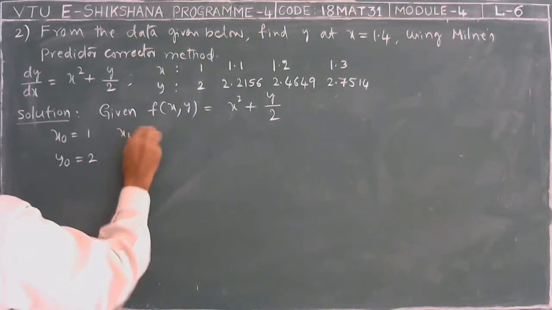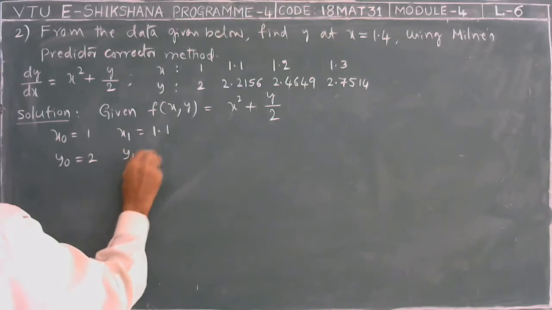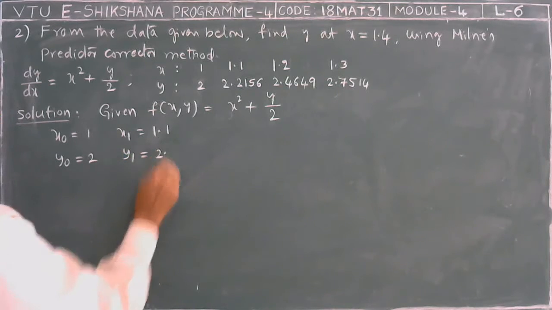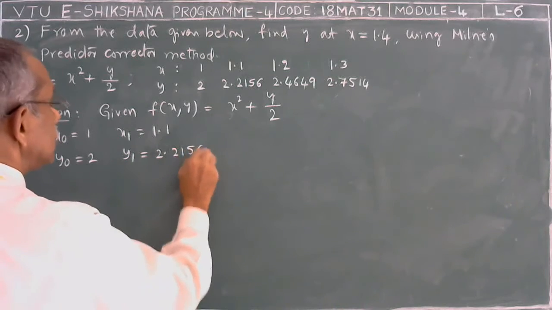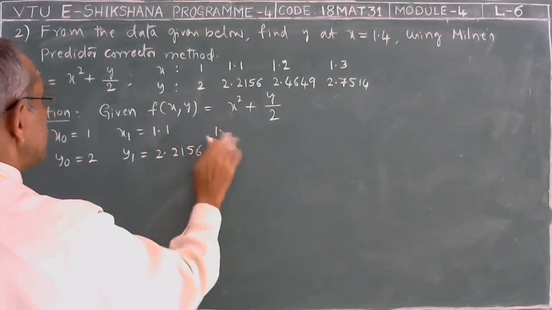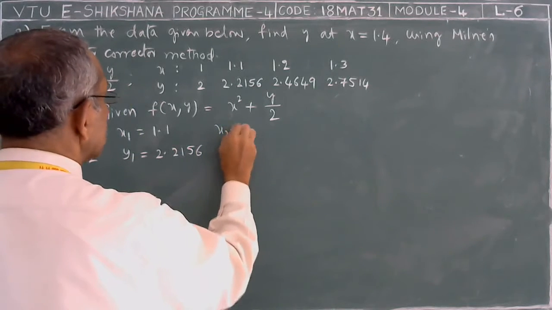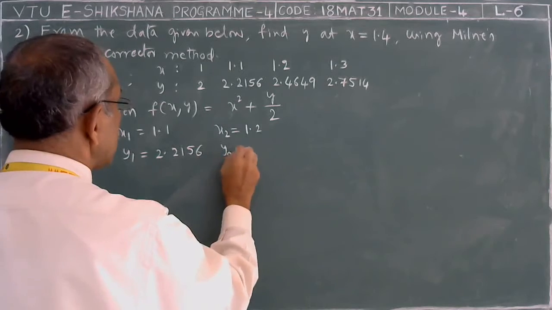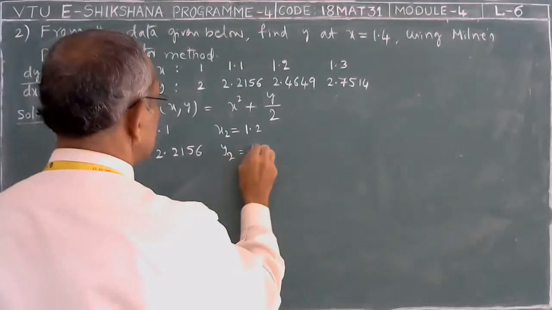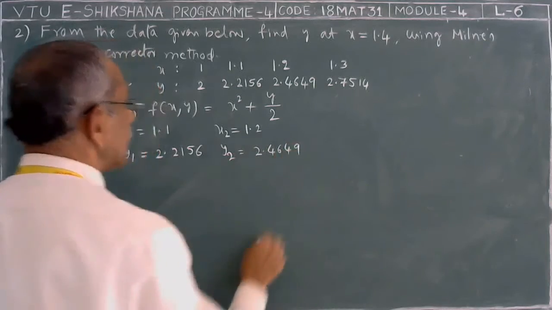Next value x1 is 1.1, corresponding y1 is 2.2156. Then x2 is 1.2, corresponding y2 is 2.4649.